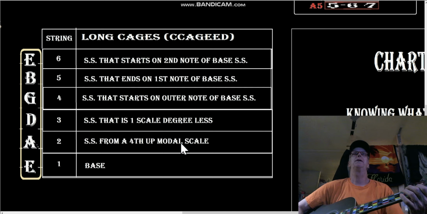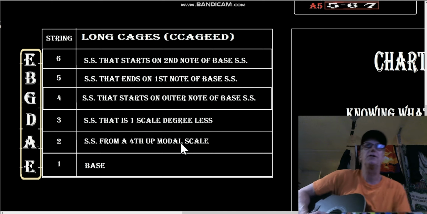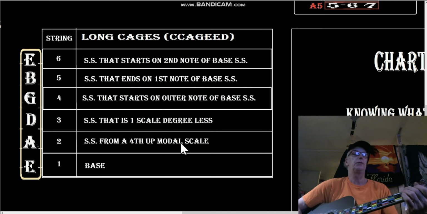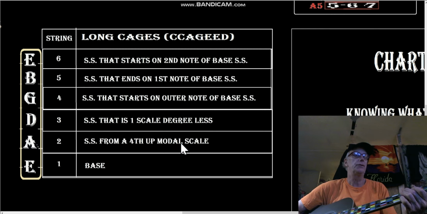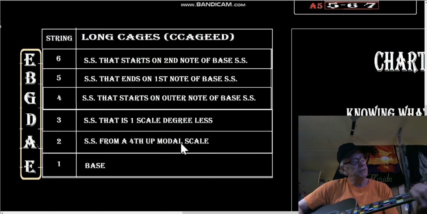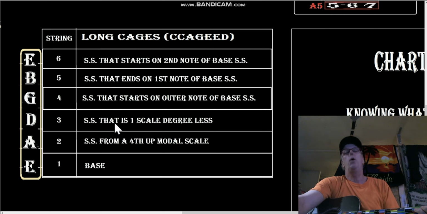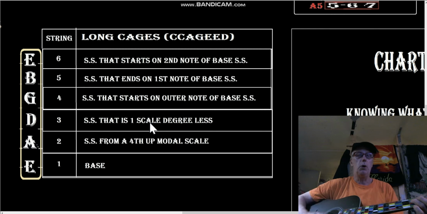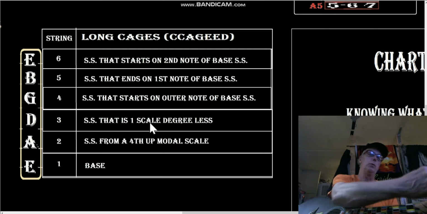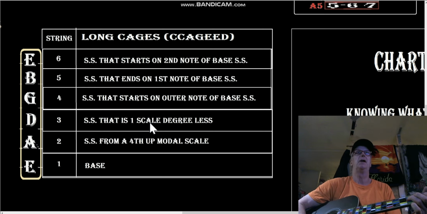Now the third one is going to be the string shape that's 1 scale degree less. So what's 1 scale degree less than root? 7. Okay, so it's going to be 7 root 2. Always, no matter what modal scale you're playing in the long playaways, it's always going to be 1 scale degree down on the 3rd string.